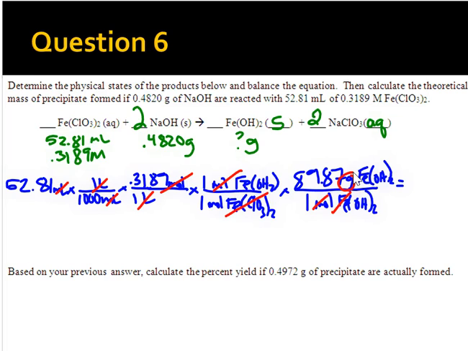So let's go ahead and calculate what that would be. 52.81 times 0.3189 times 89.87, and then divided by 1,000.